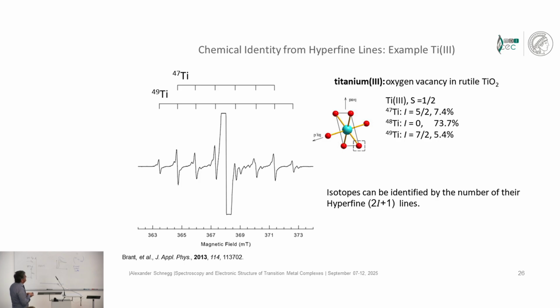The most abundant has no nuclear spin, but there are 2 with approximately the same abundance, and they have different spins. Therefore, we have now here 1, 2, 3, 4, 5, 6, 7, 8 lines, exactly 8, and this directly tells us that we are probably dealing with a 2I + 1 system, which is I = 7/2.